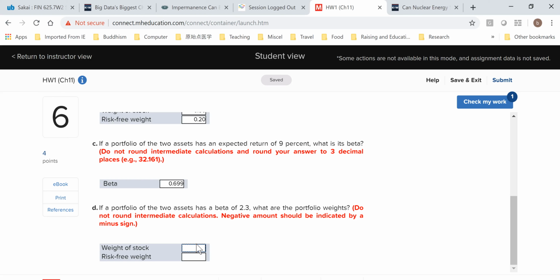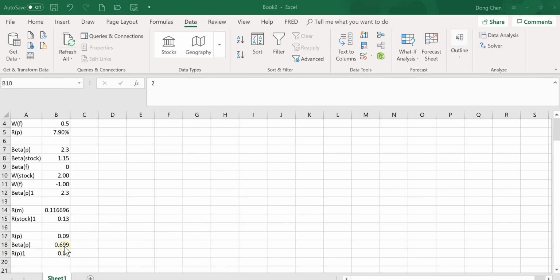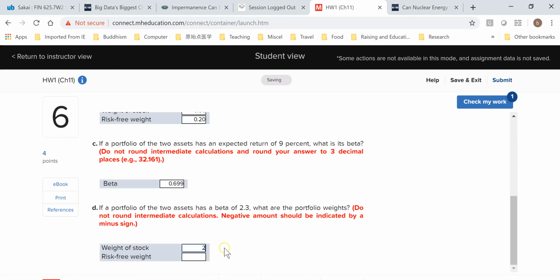Hence, we are actually not investing in the risk-free asset. We just become a borrower of the risk-free asset. And that's why the risk-free weight becomes a negative amount, as we just calculated. This will be -1. So now this is 2 weight of stock, and this is -1. I think that's the purpose of this part D.